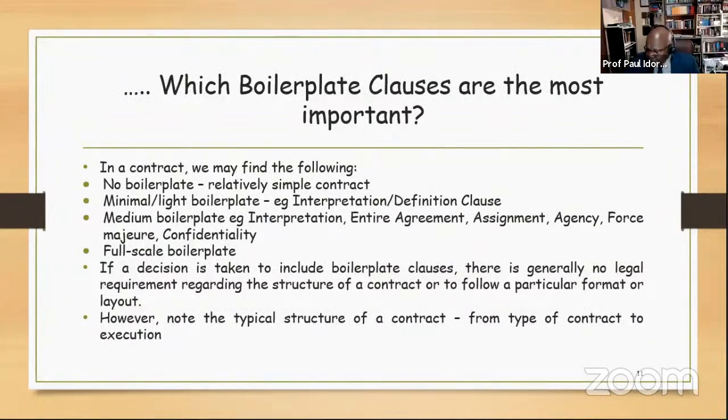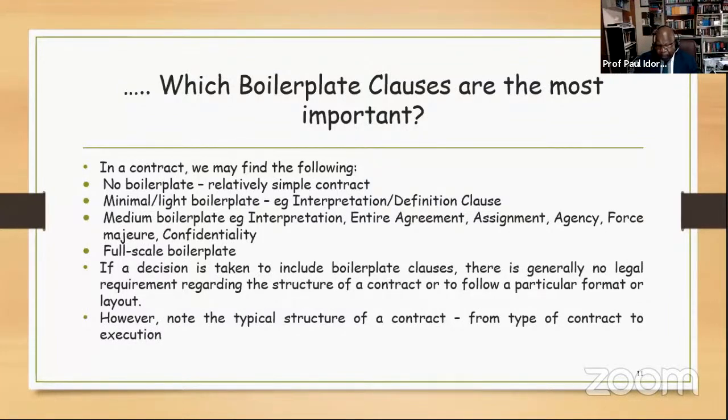Now, when you are negotiating a contract, you may find that you have very simple boilerplate provisions, or very light, or very medium, or full scale boilerplate. So there's no general legal requirement for this.